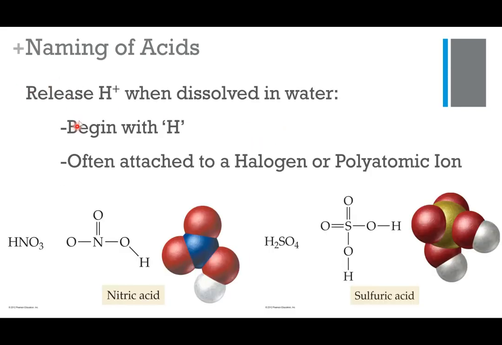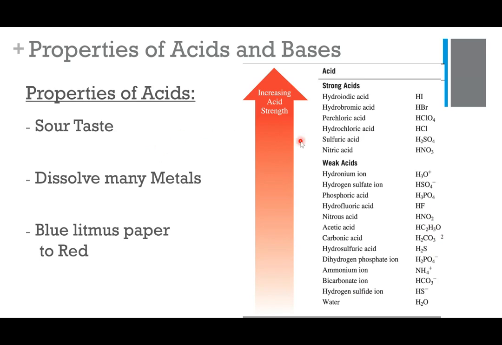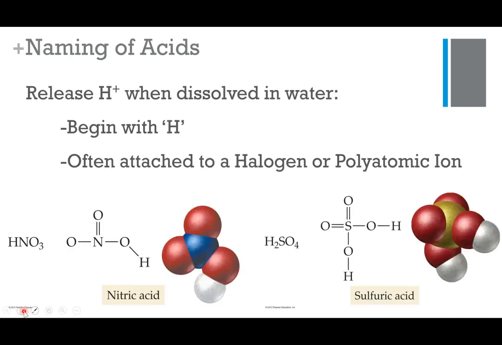We'll look at the details of this in just a minute, but when we put acids into water, very often they will release or give away this hydrogen ion. So what we'll see for us is that acids will begin with a hydrogen. If I go back to this chart here, what you'll see is a whole bunch of H's on the very beginning of these formulas. That's how we will denote an acid in this class: if it starts with an H, it's an acid.